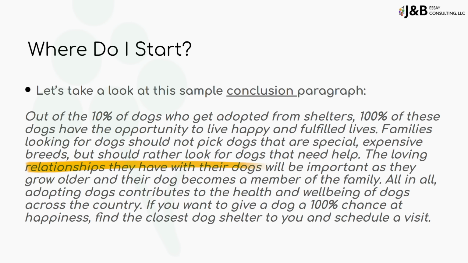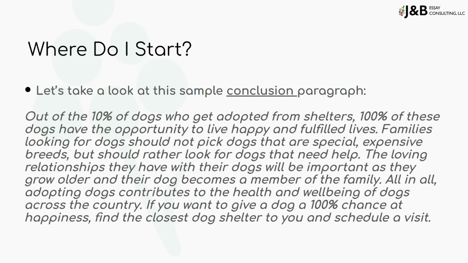The loving relationships they have with their dogs will be important as they grow older and their dog becomes a member of the family. All in all, adopting dogs contributes to the health and well-being of dogs across the country. If you want to give a dog a 100% chance of happiness, find the closest dog shelter to you and schedule a visit.